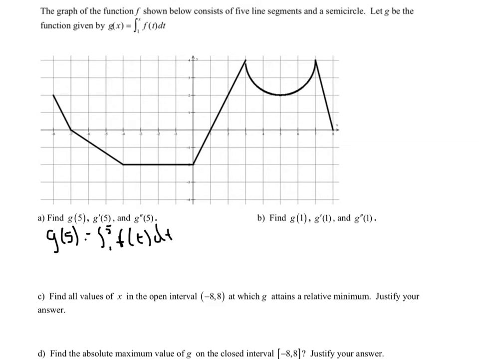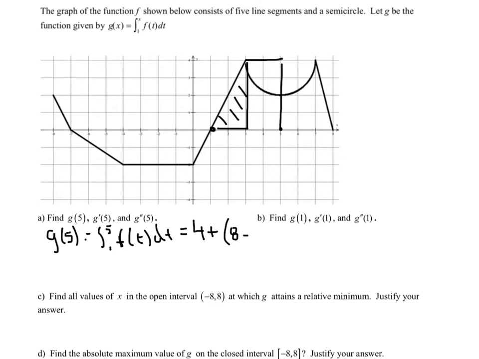So what we're saying is, from 1 until I hit 5, I need to figure out how much area has been accumulated. From 1 to 3 is a nice triangle. Looks like we've got a base of 2 and a height of 4, so that's an area of 4. Plus, now I've got a very odd shape here. I'm going to find the area of this rectangle, which looks like 2 by 4 is 8.